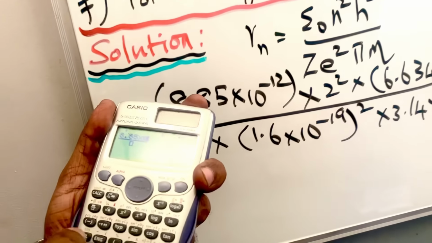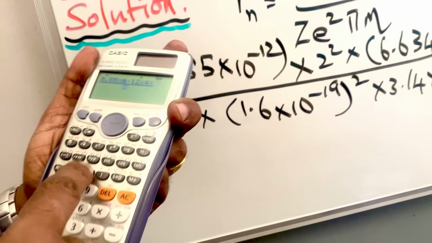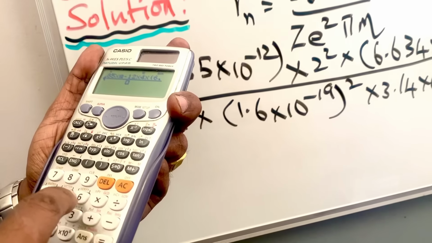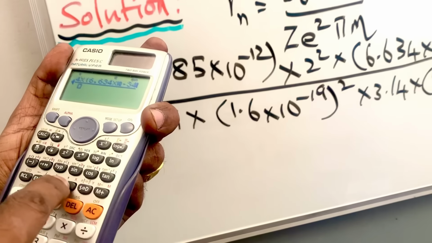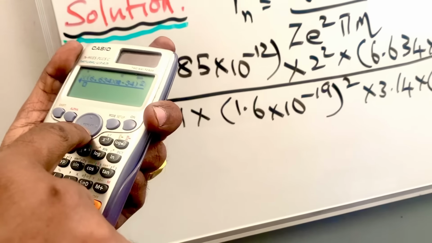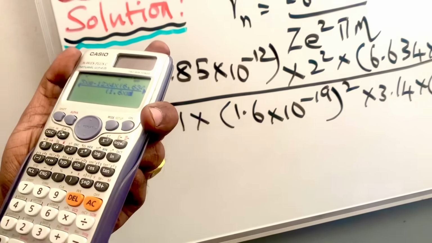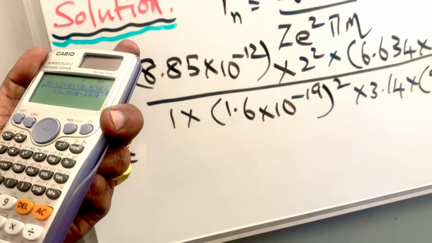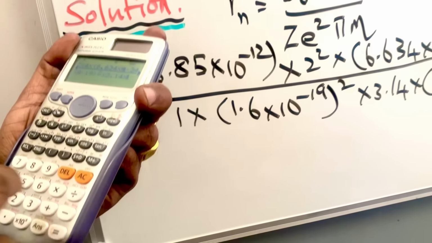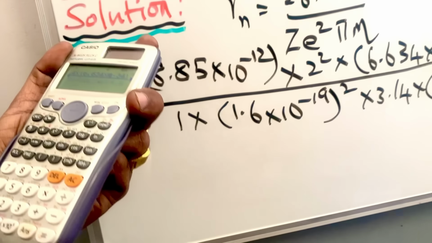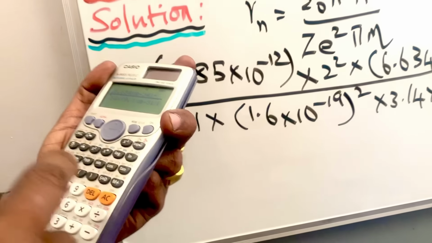8.85 exponential negative 12 times 2 square, which is 4, times Planck's constant 6.634 exponential negative 34, whole square. Now the denominator is 1.6 exponential negative 19, whole square, times 3.14 times 9.1 exponential negative 31.